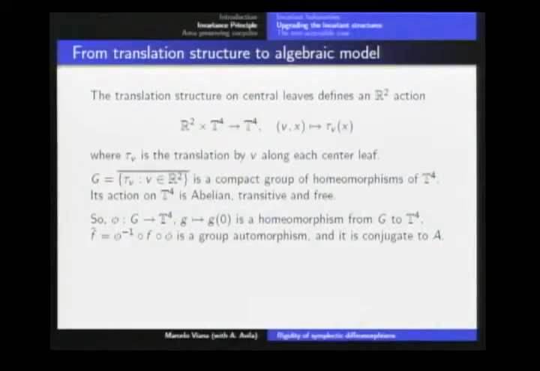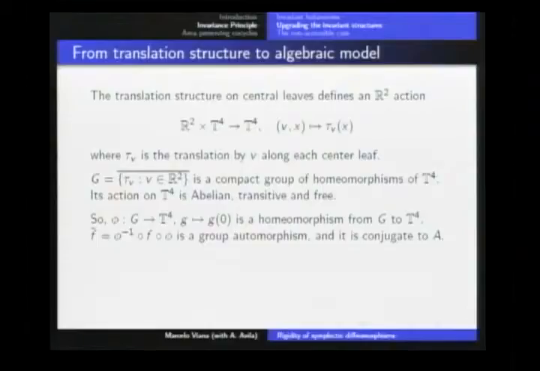You take F twiddle as the conjugate of F acting here on the torus. You bring it back to G using this homeomorphism. Because F commuted with all these translations and so on, this map that you get in this way is a group automorphism. It's an automorphism of the group G.